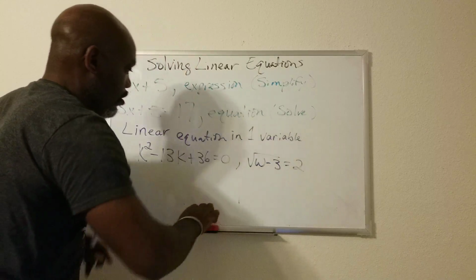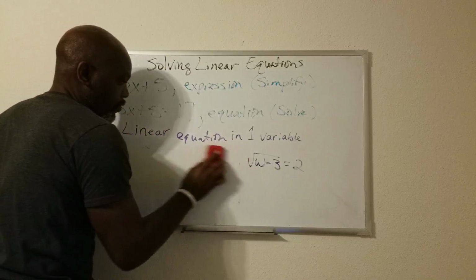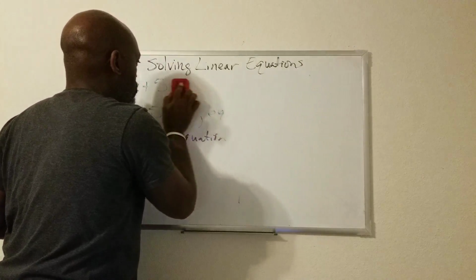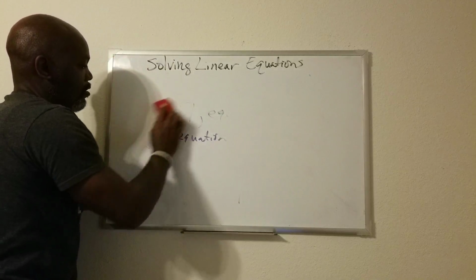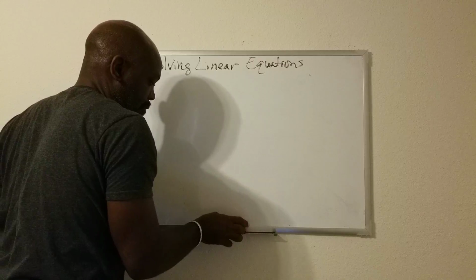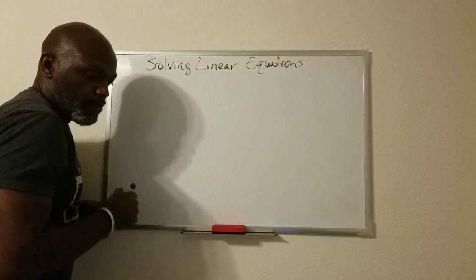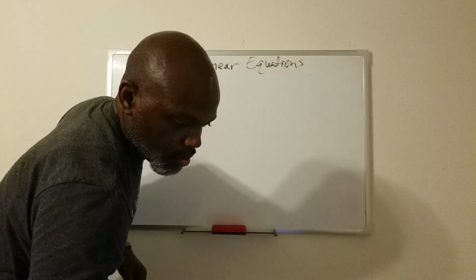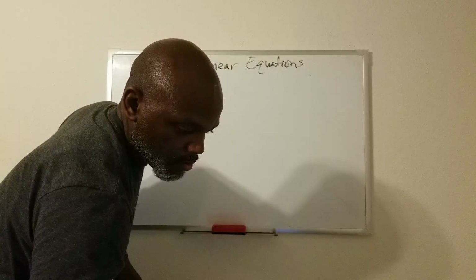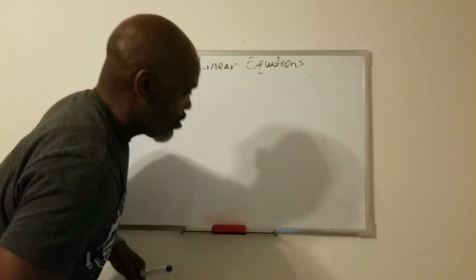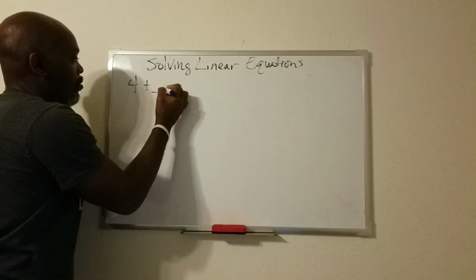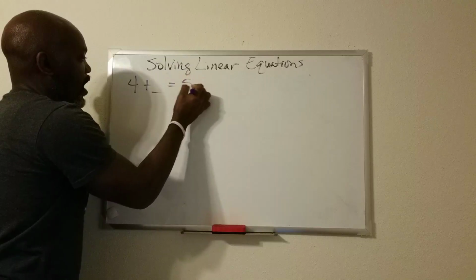Now, to solve an equation, you have learned how to do that probably ever since you were in first, second grade, I would imagine. For example, 4 plus blank equals 5.